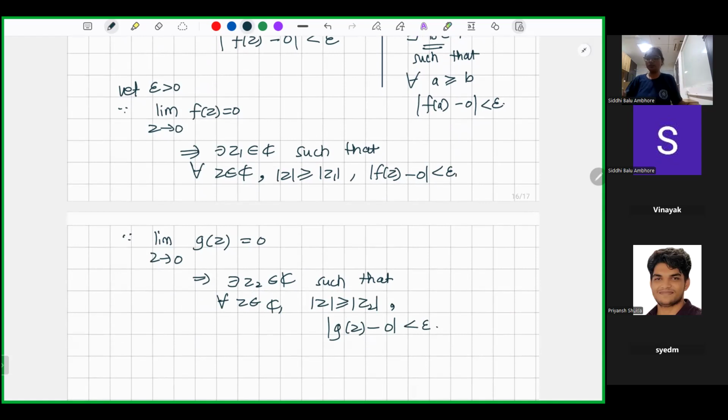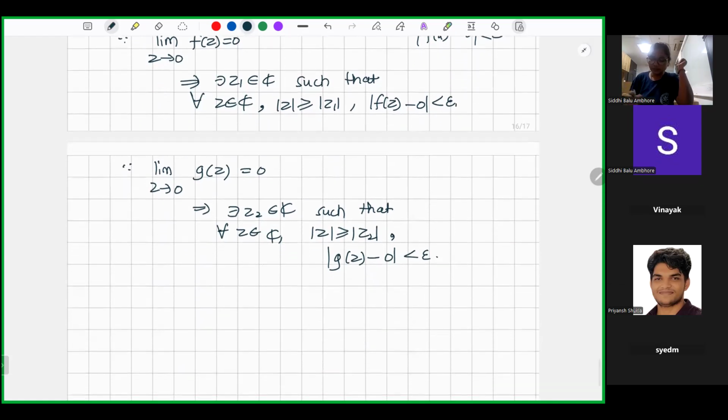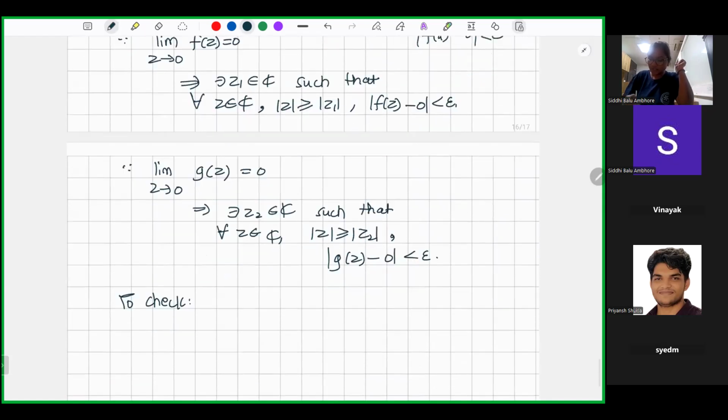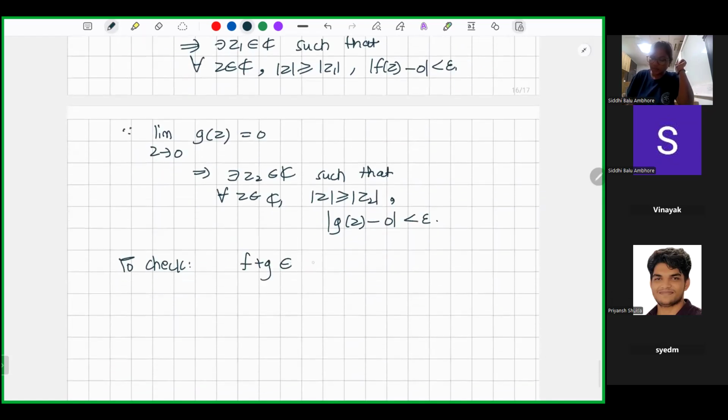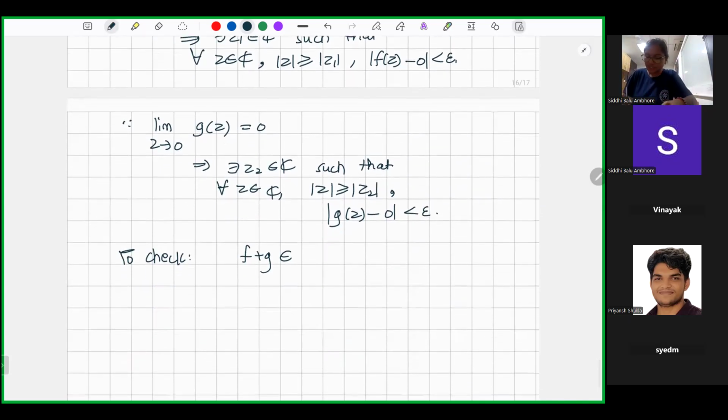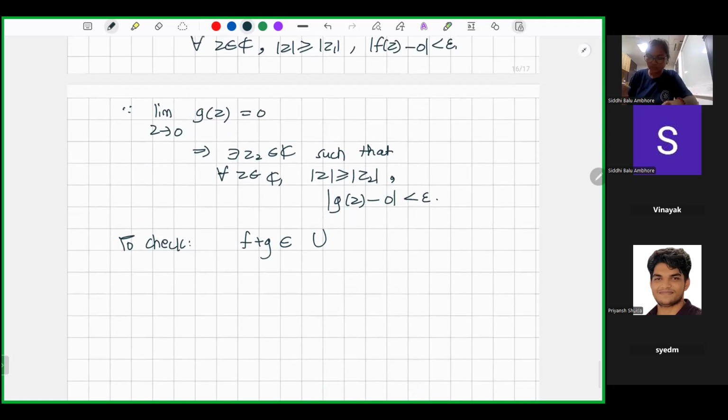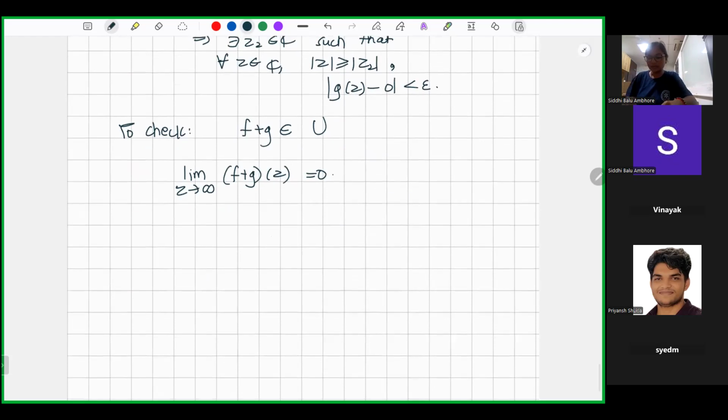So what I need to check is that f plus g belongs to this U. I wanted to check that the limit as z goes to infinity of (f+g)(z) is 0 or not.